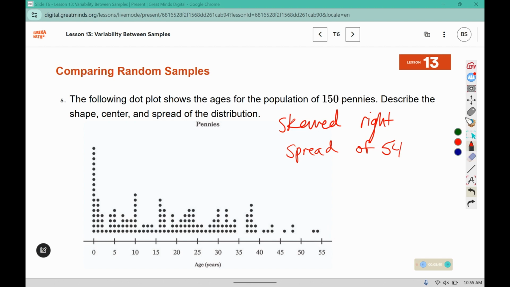And then we also need to talk about the center, like where would we place the median? With the median, we want the same number of dots on each side. So if we're going to just approximate this, it seems like it would fall somewhere around here. We have a large grouping of points here, and then a lot of points on this side as well. So you might say that it is around 17 or 20, and that is the center.